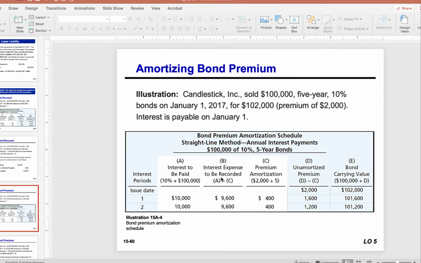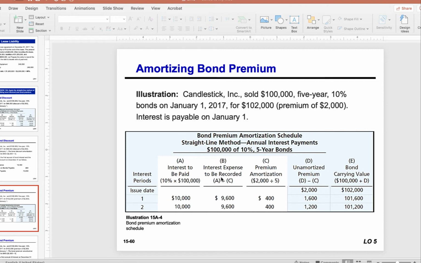Basically, we need to recognize that we are issuing a bond that isn't at face amount. In this example, it's going to be a premium, above face. However, once the bond matures, we're going to pay out the face amount.